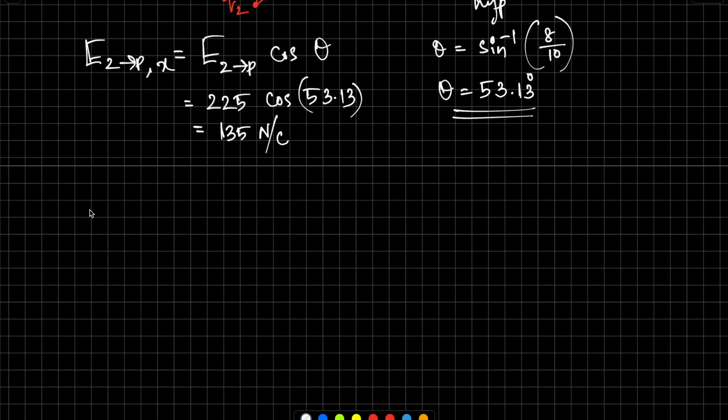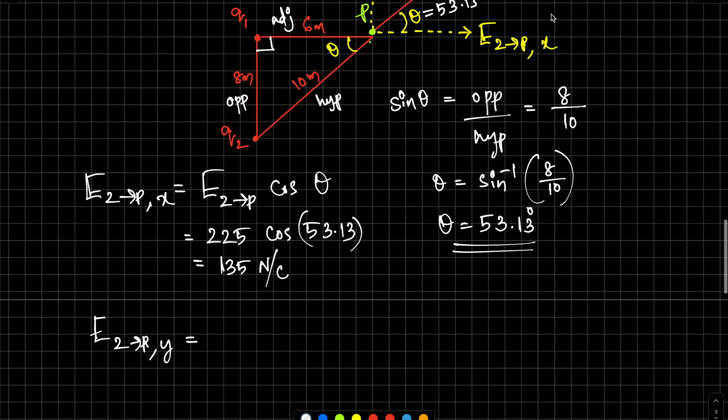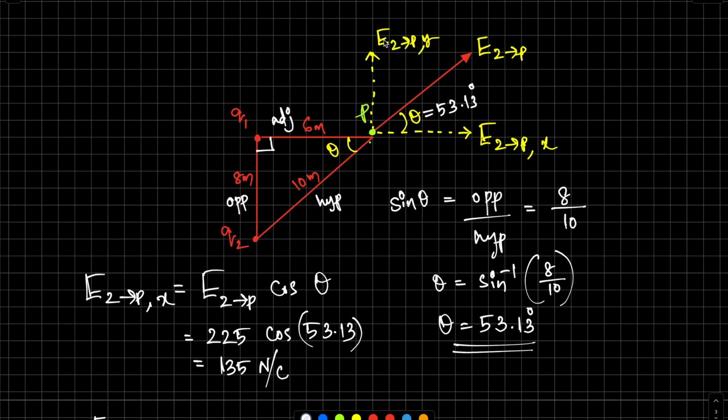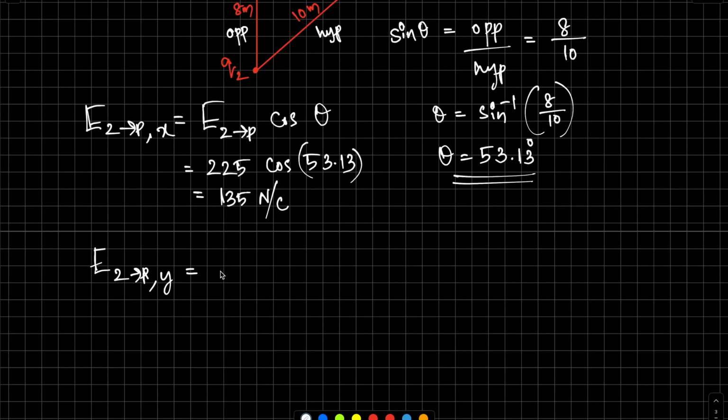Okay, let's find the y component now. E2 to P y equals, okay, the y component is not touching this angle. Our angle is here. So it is E2 to P sine theta. So 225 sine 53.13.